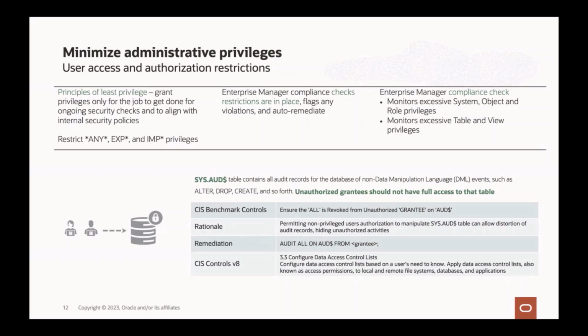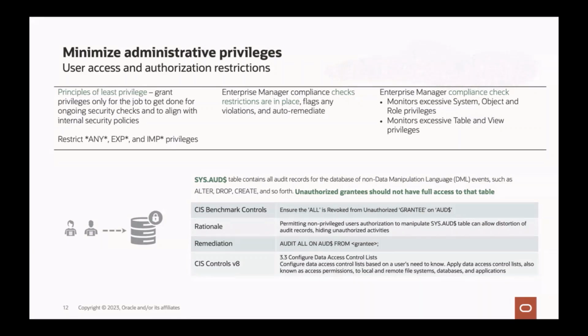Let me pick an example to showcase compliance security checks. CIS benchmark provides checks to ensure user access and authorization restrictions. These authorizations must be able to block unauthorized users by setting restrictions on user capabilities.